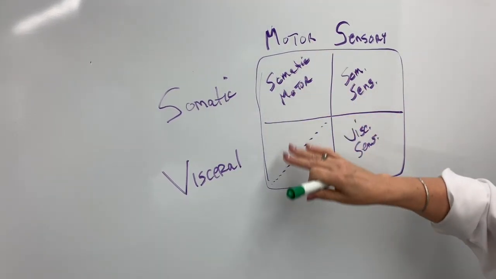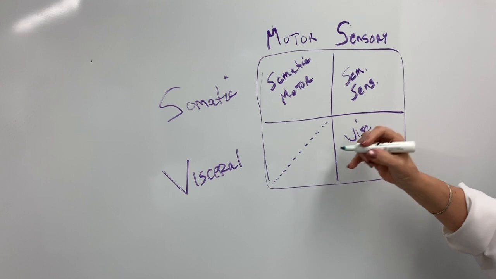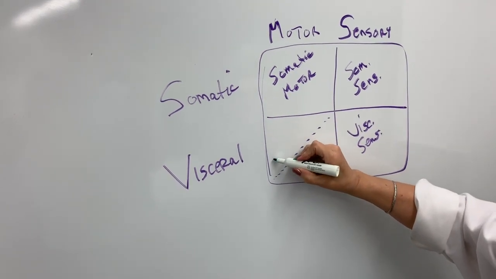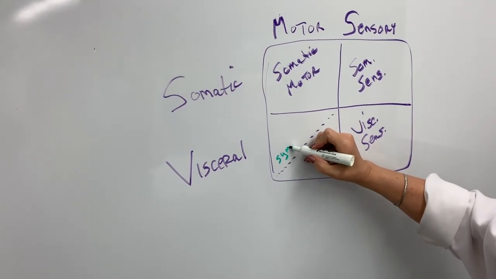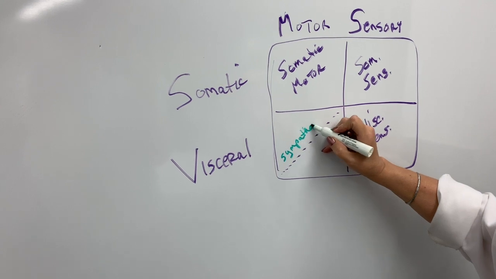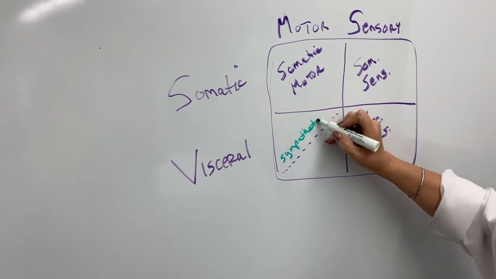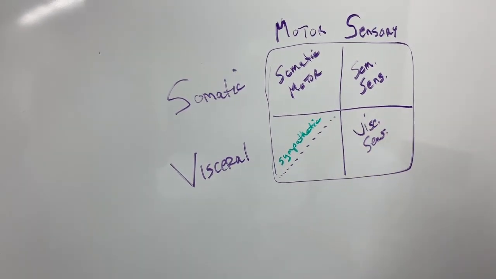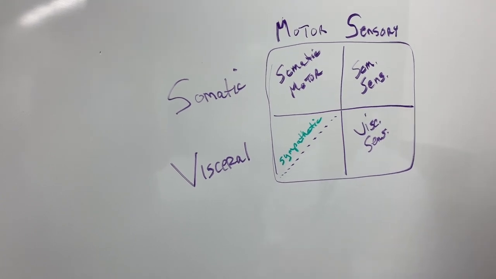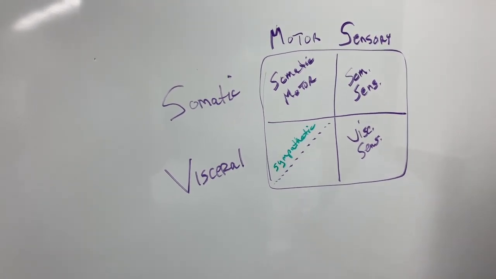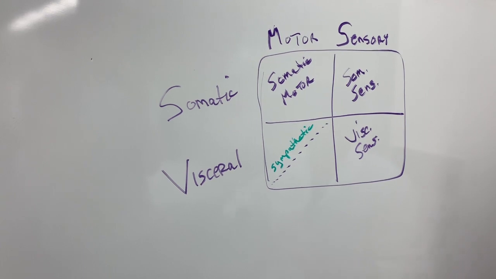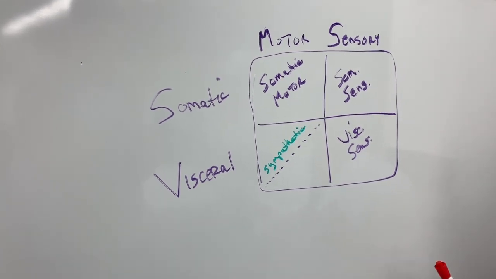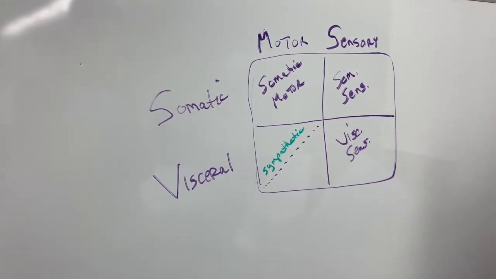So visceral motor is always going, but we can have it go sympathetically, so that's SY. Sympathetic, that is our fight, flight, or fright. This is our go pedal. This makes our heart beat faster. This makes our lungs bring in more air.